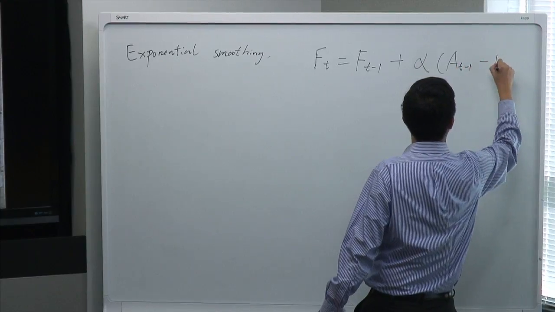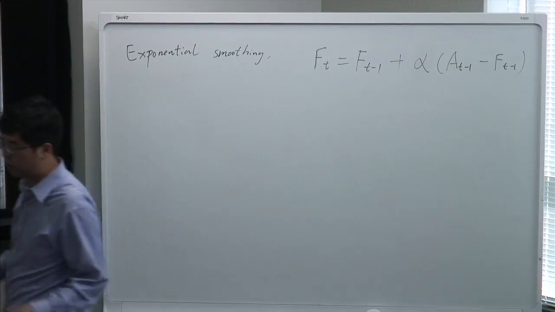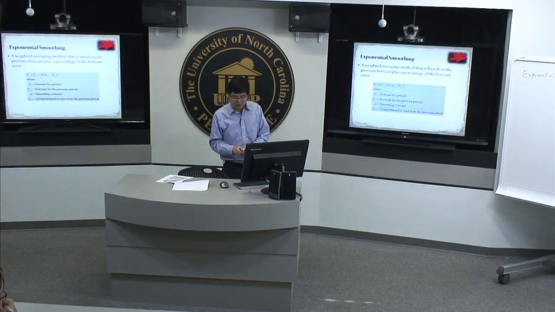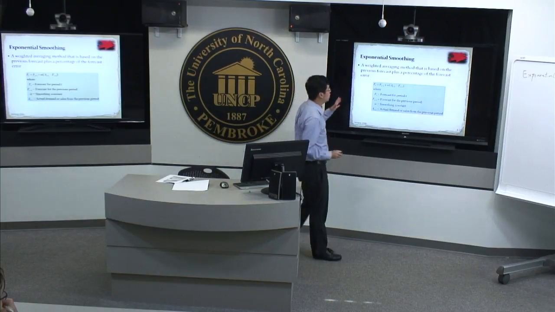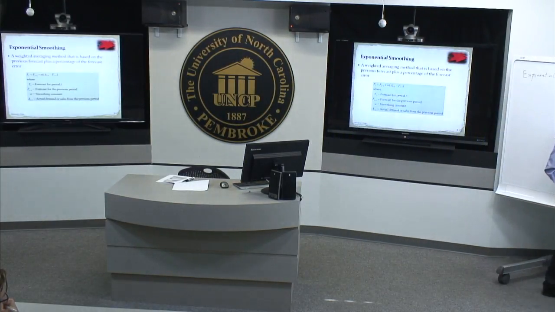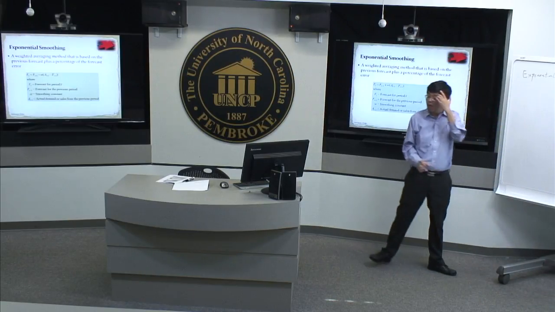So this is the exponential smoothing model. I hope you still remember what we have learned last week. This model uses the last period forecast, F(t-1), and last period's actual sales or demand to make the forecast for next period. So that's the general idea of this model.